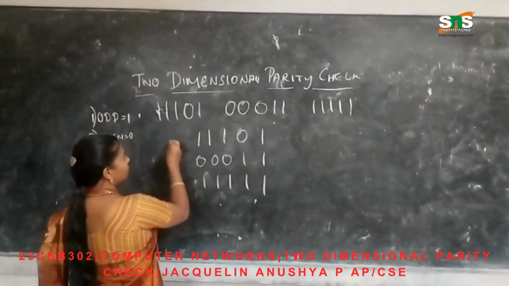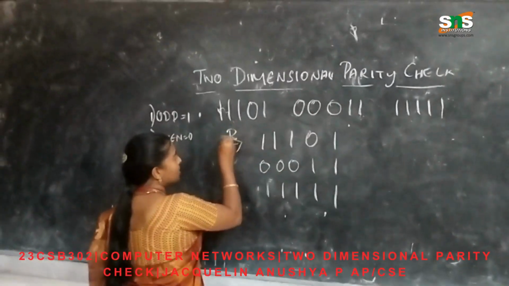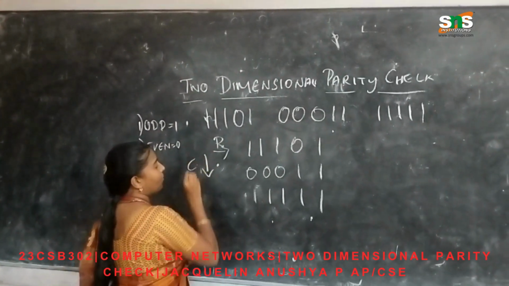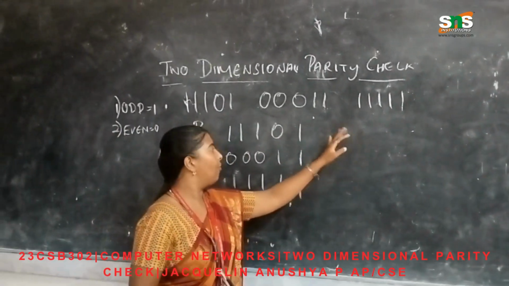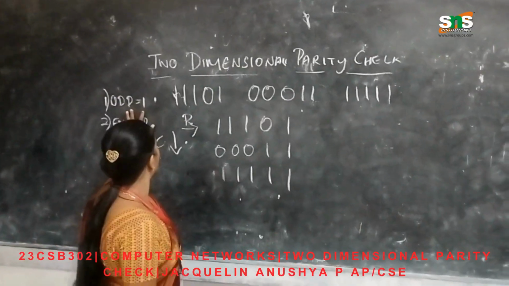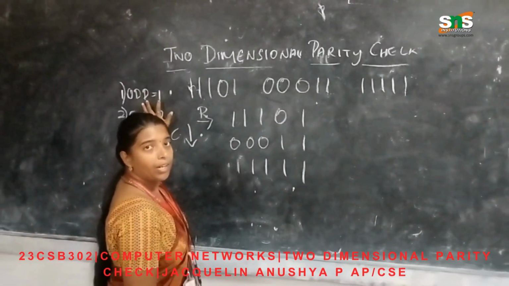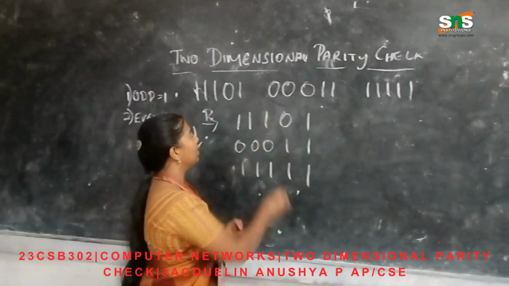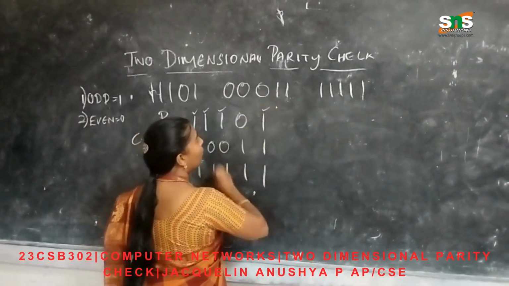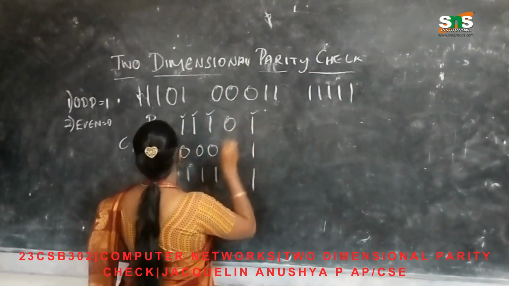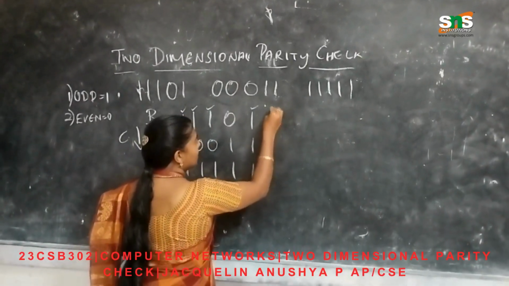As you know, this is rows and this is column wise. Now we are adding a redundancy bit. As I told you, if the number of ones is odd, you will give 1. So here we have 1, 2, 3 and 4. If it is 4, it is even, so we will write it as 0.